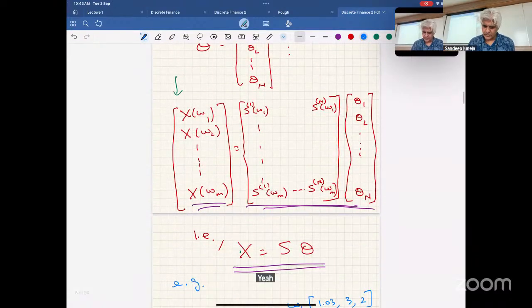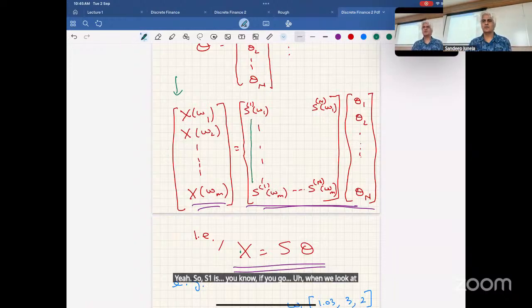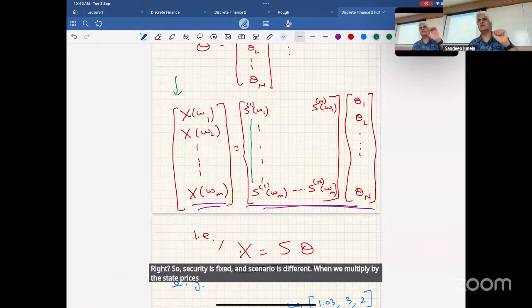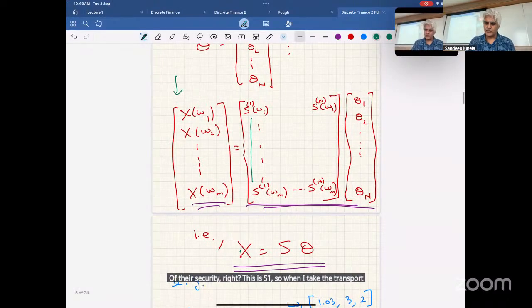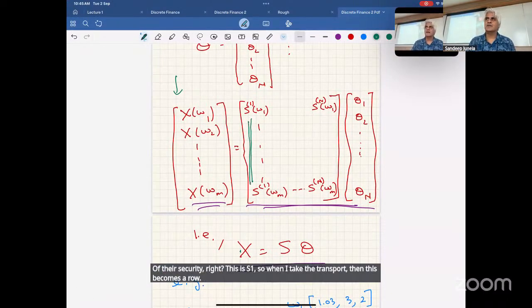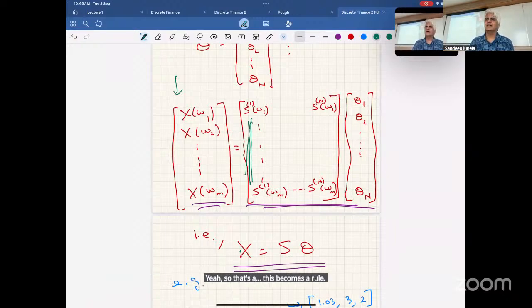When we look at the transpose, we've kept the security fixed and the scenarios different, right? When I take the transpose, this becomes a row, and now you multiply this row with state prices.